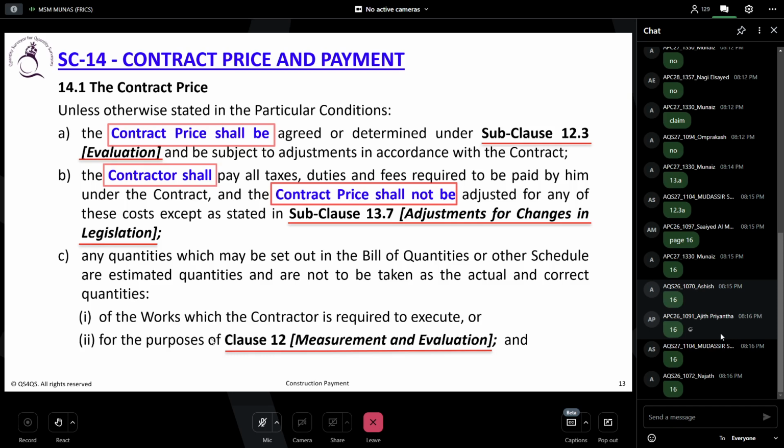Here it says the contractor shall be deemed to. All of you go to the page and read, okay? 4.11 says the contractor shall be deemed to. Shall means obligation, right? Have satisfied himself as to the correctness and sufficiency of the accepted contract amount.